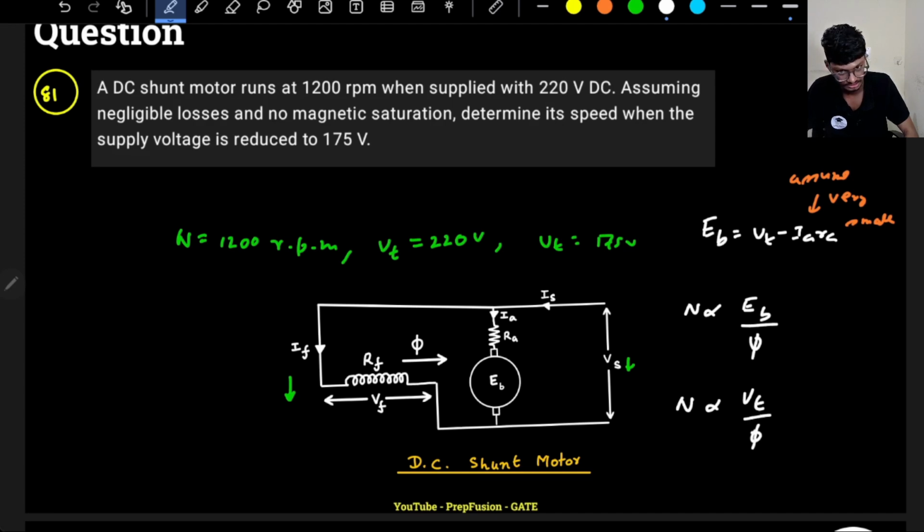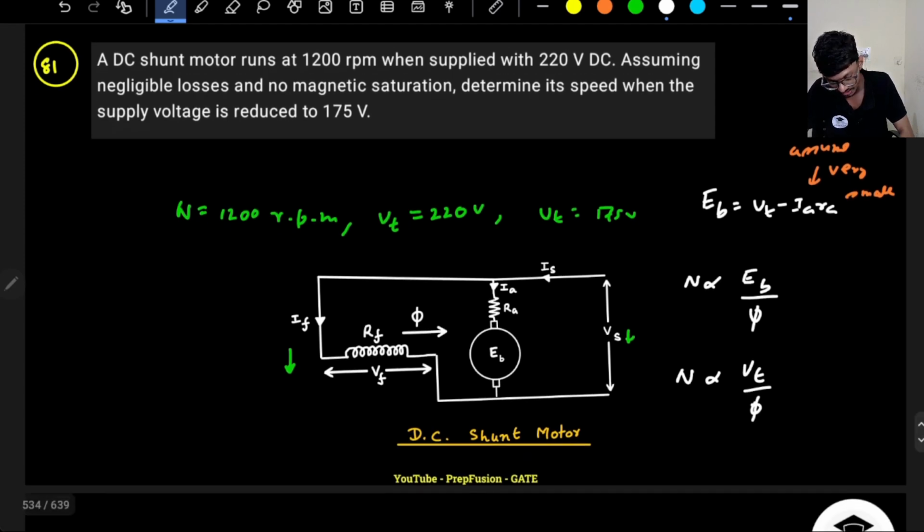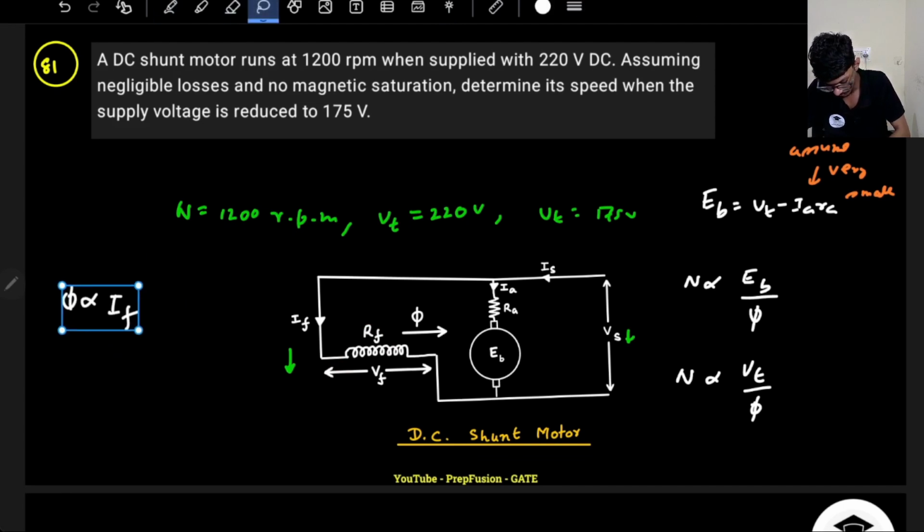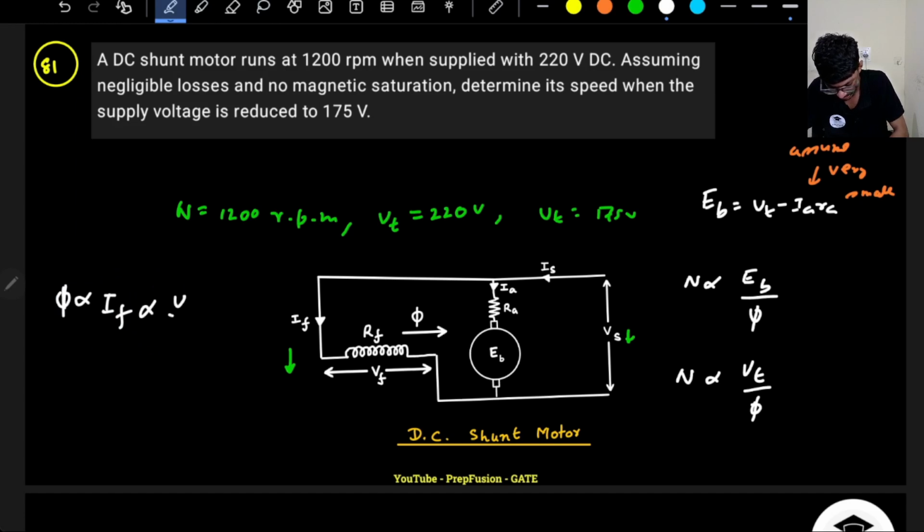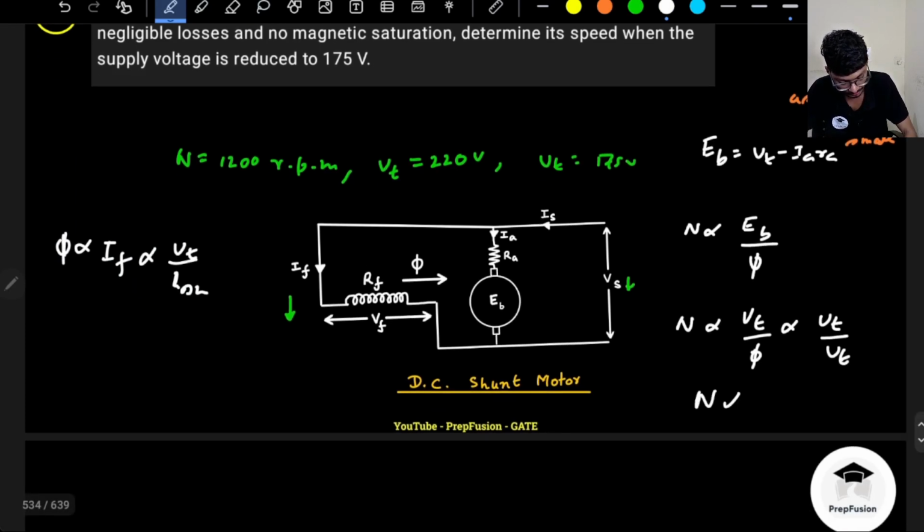Now flux is proportional to the field current, which is proportional to the terminal voltage divided by the shunt resistance. So ultimately your flux also is proportional to terminal voltage only. So ultimately my speed is constant.